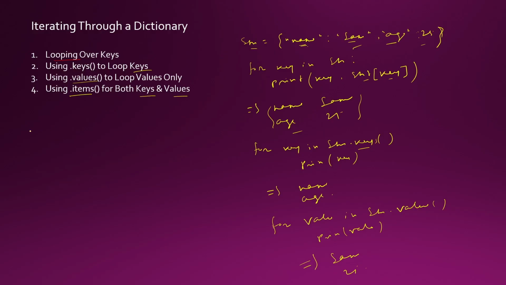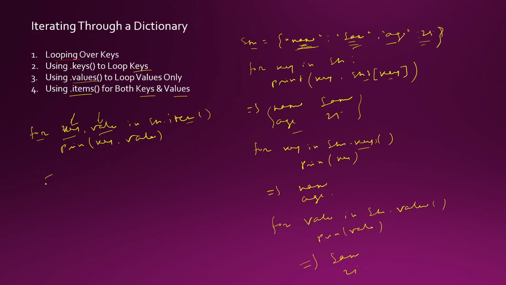If I write for key, value in student dot items and print key, value, then once I run the for loop, all the keys will be stored in the key variable, and all the values will be stored in the value variable.